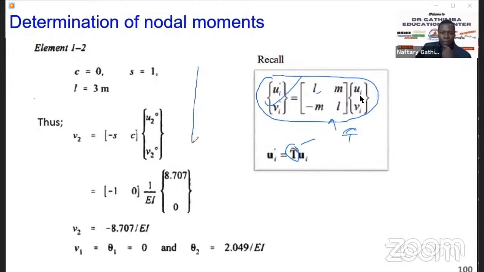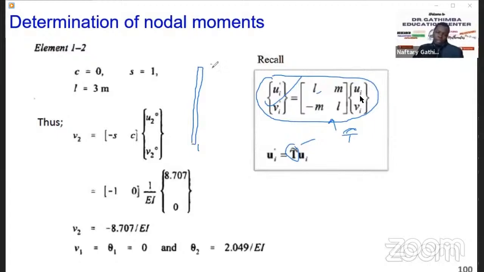Remember, to get the moment, take for example that bar there. You have a case whereby you want to get the moment. So the moment we are interested in, you consider it as a beam.